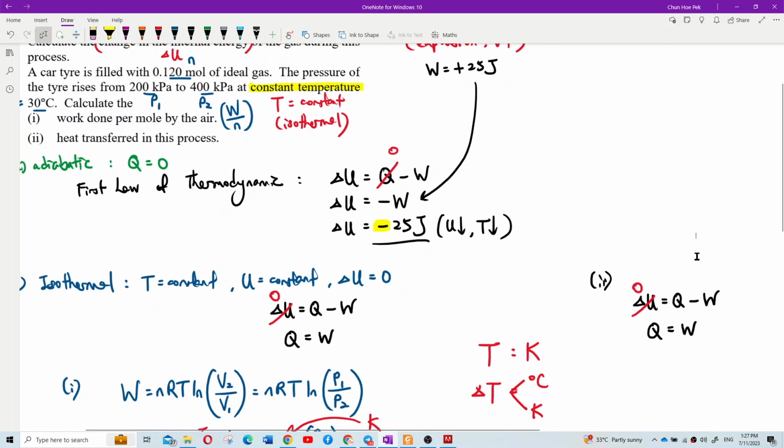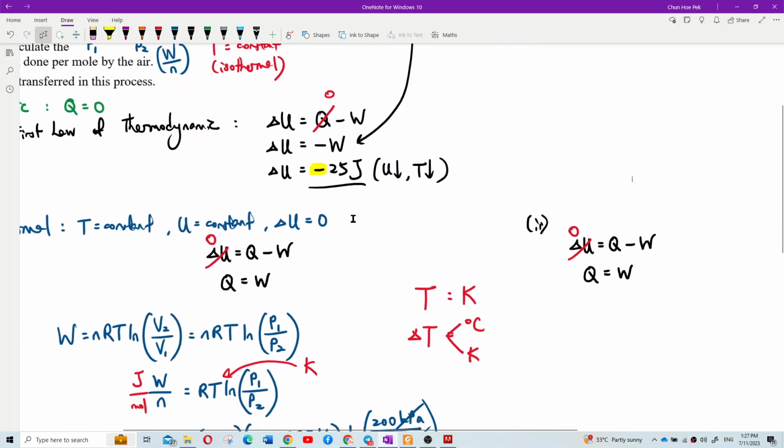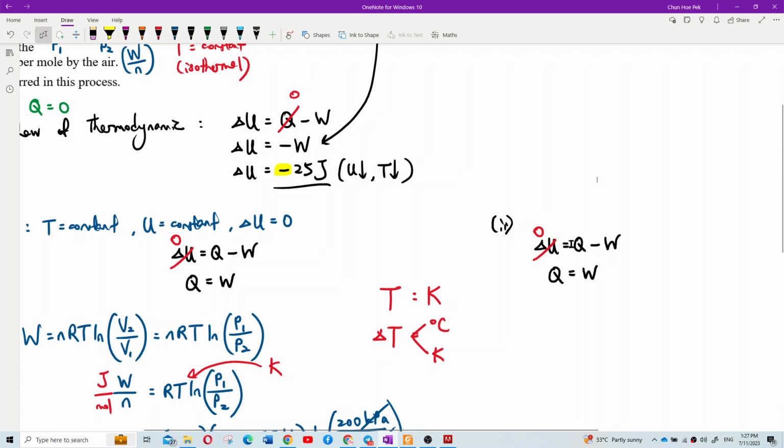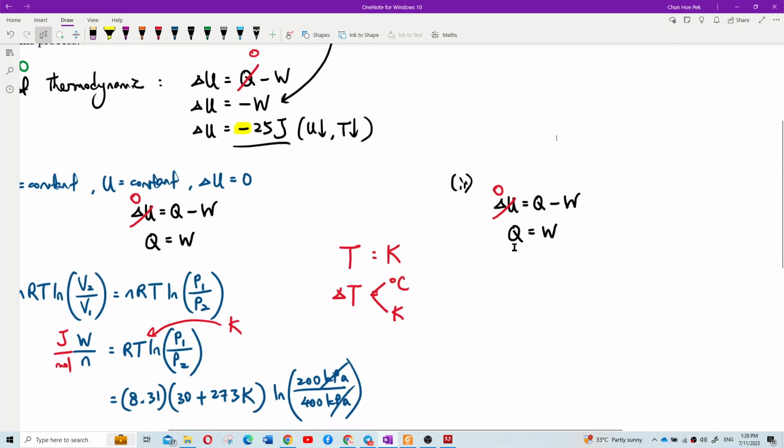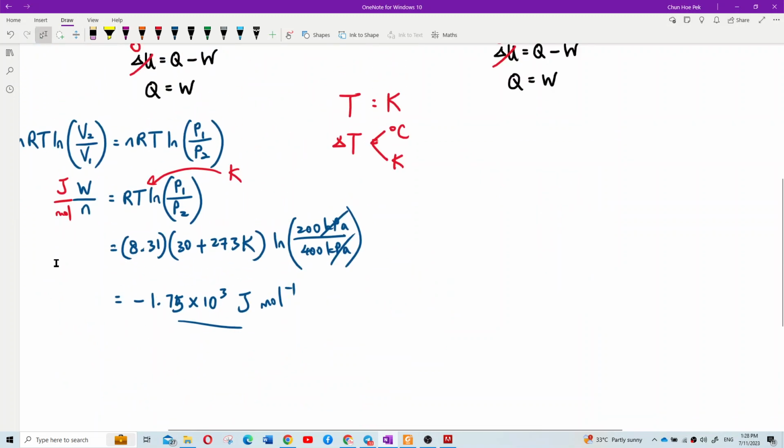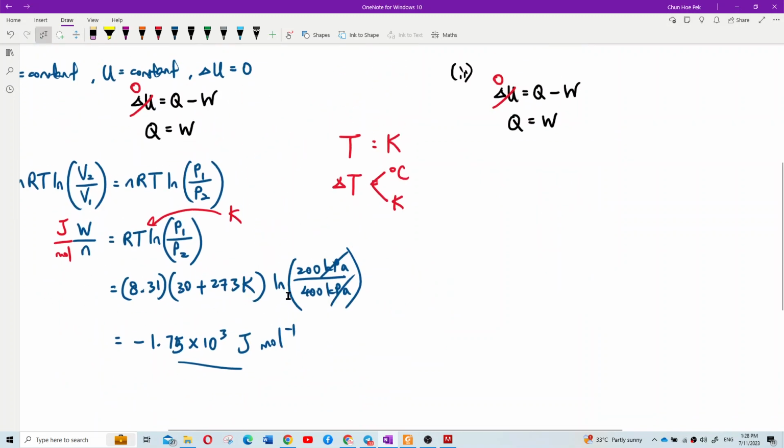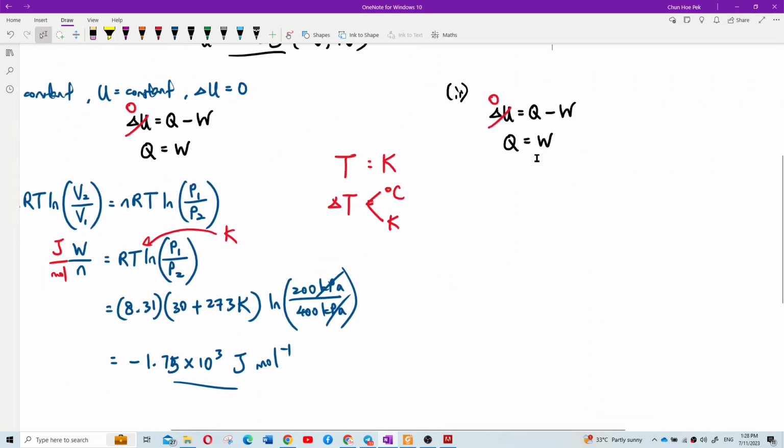Because delta U is 0, because internal energy is constant, Q equals work done. But this is work done per mole, so to find work done, I need to multiply by the mole.